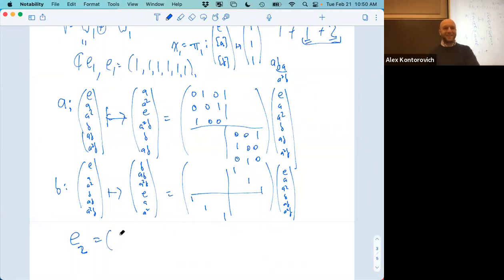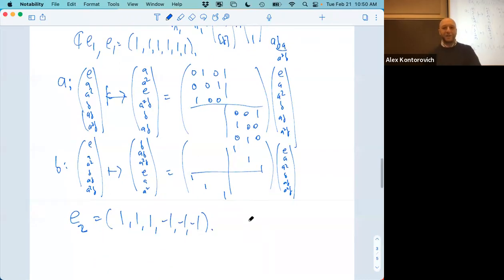You put 3 ones and then 3 negative ones. Beautiful. 3 ones and 3 negative ones, because the E, A, A squared seem to be staying together, and the B, AB, A squared B seem to be switching. This is certainly orthogonal to E1. I got 3 plus 1s and 3 minus 1s. That adds up to 0.